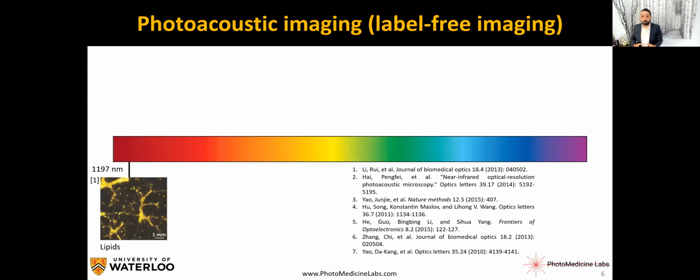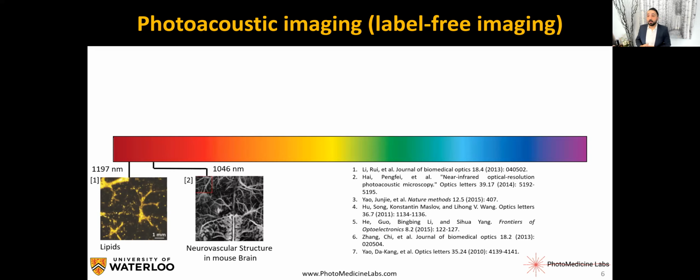There are a lot of great works out there by my colleagues. For example, it is shown that if we want to take advantage of lipid or fat optical absorption, we can use 1200 nanometers. If we want to look at different structures, we just need to select the right wavelength.